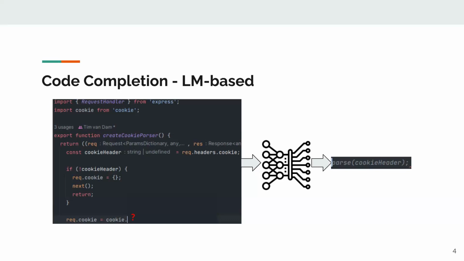So one thing that we have lost in this transition from the traditional IDE code completion to language model-based code completion is the fact that the local context is no longer considered.